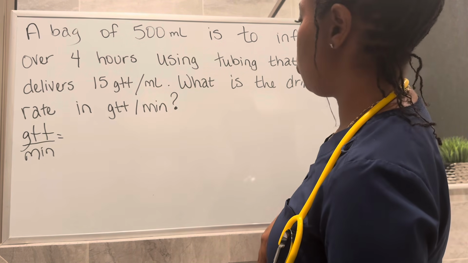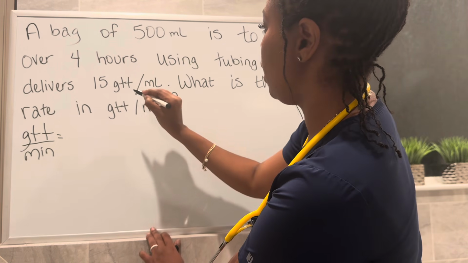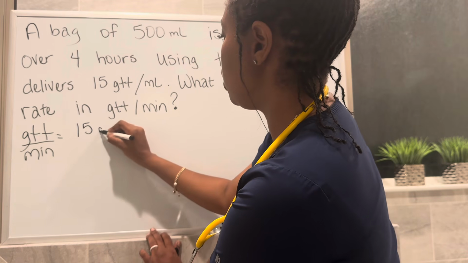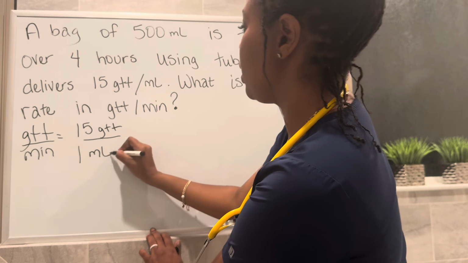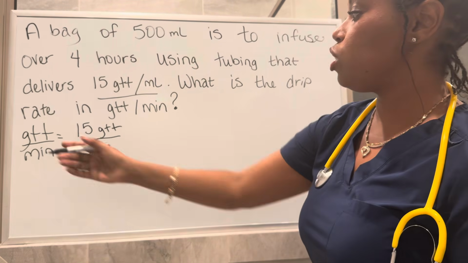Okay, so I know that I can start with drips. Okay, so I'll come here and put that there's 15 drips per 1 ml because that's what my equation is telling me. All right, how can I get to minutes?